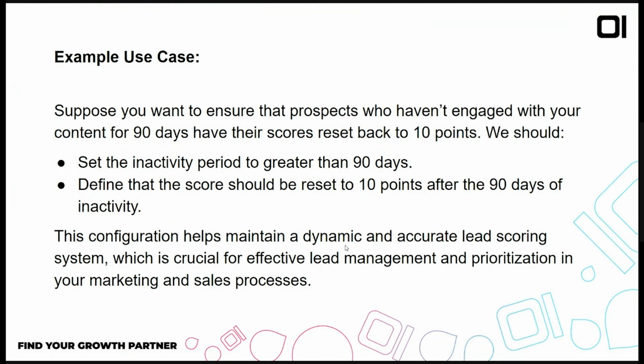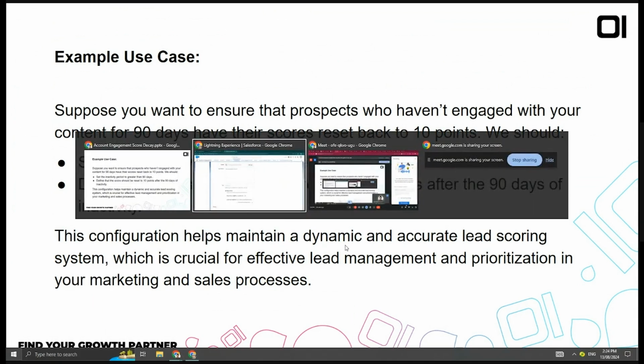Our use case is, let's say, you want to ensure that the prospects who haven't engaged with content for 90 days have their scores reset back to 10 points. So we're not lowering the points, we will be resetting it back to 10 points. 90 days would be about 3 months, which is a very long time. So in this example, the org wanted to reset the prospects' points back to 10. We will set the activity period to greater than 90 days, so that's after 3 months. Define the score should be reset to 10 after the 90th day. That's the one that we're building.